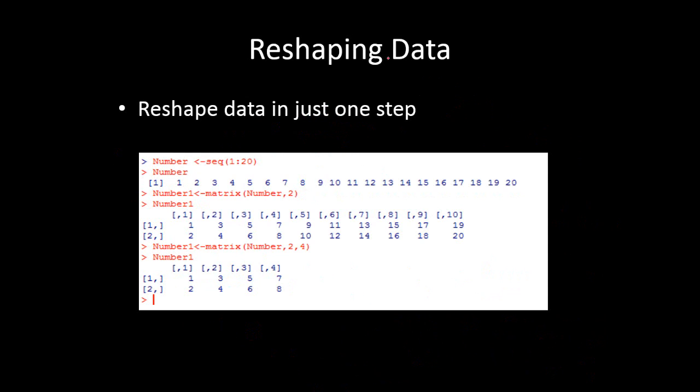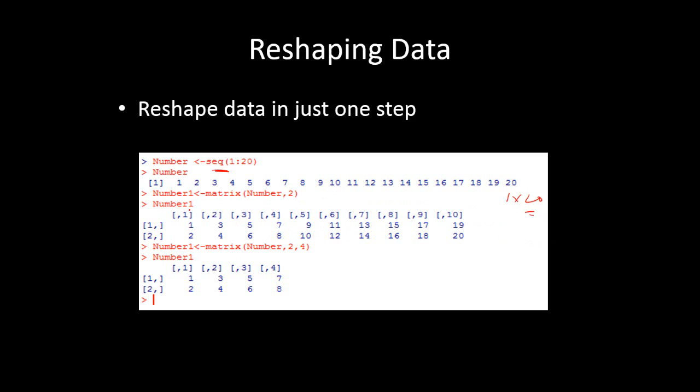The last one is how do you reshape data. You can reshape the data in just one step. I'm taking an example here. This is a matrix of 1 to 20. I'm using the sequence function to create this matrix. So number is the matrix, and we've got numbers from 1 to 20, right? I want this 1 cross 20 dimension matrix to be of 10 columns and 2 rows.